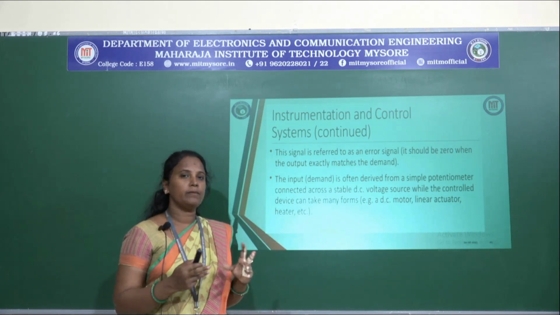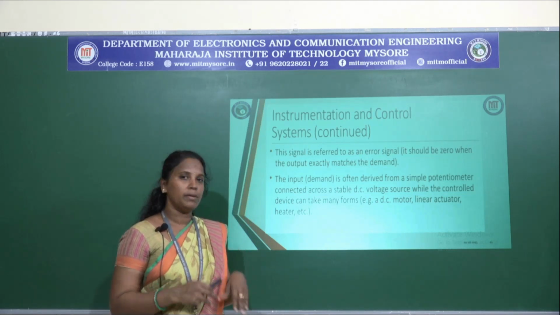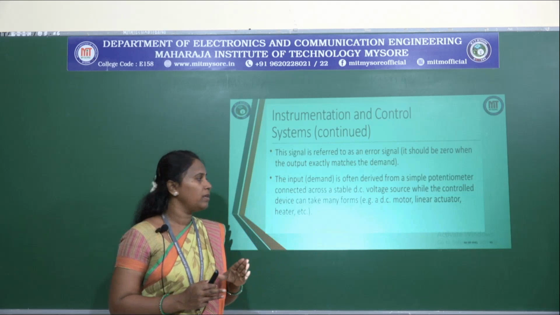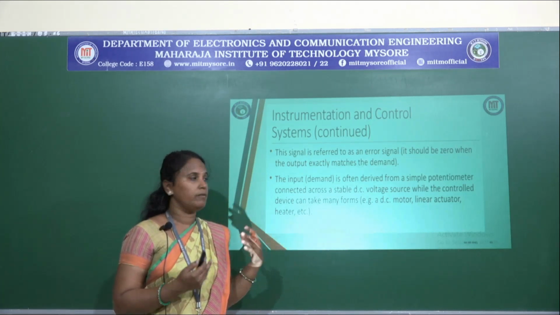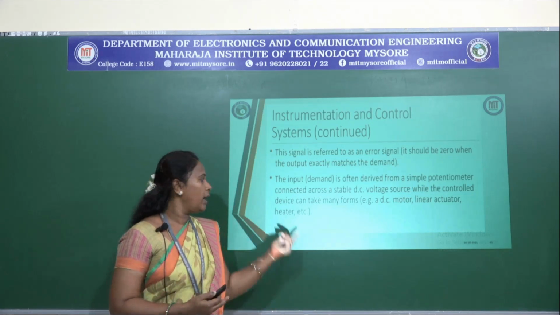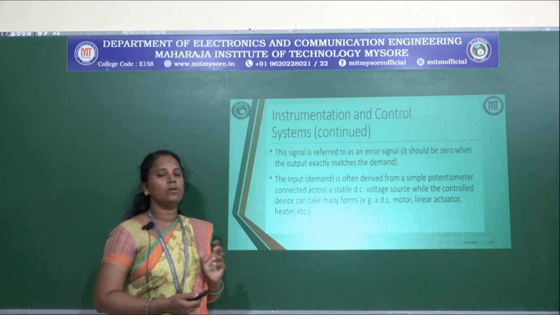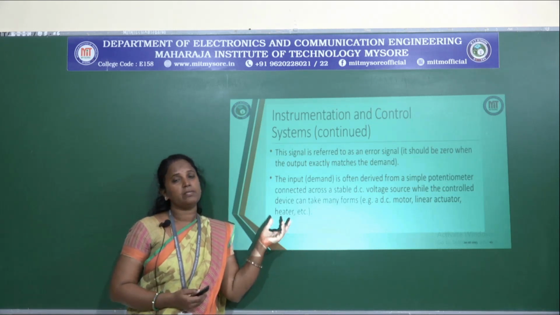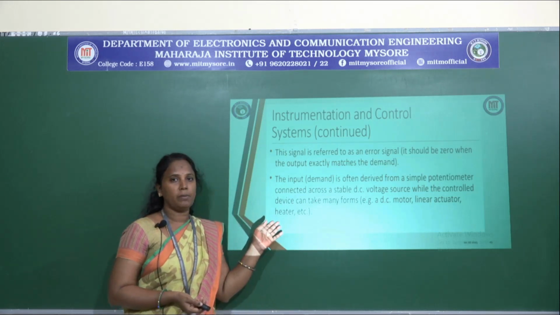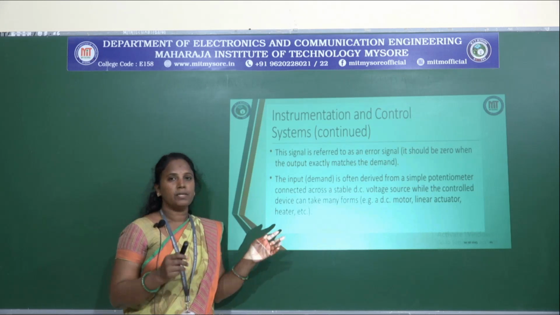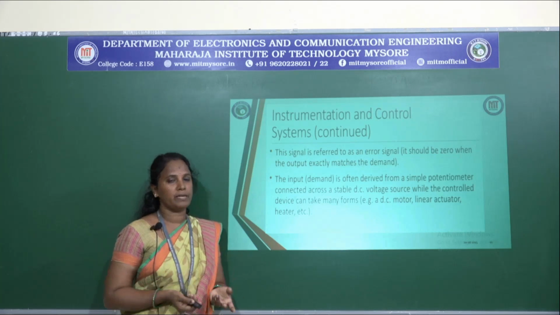For example, if the speed of the DC motor is more, then that can be reduced with the help of the feedback signal, or if the motor speed is very low, you can increase it. We also have one more application, that is a heater, where you can control the heater depending upon the temperature of your room, whether you want the temperature to be increased or decreased, with the help of your feedback signal.